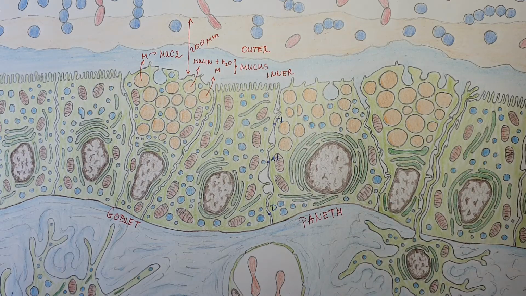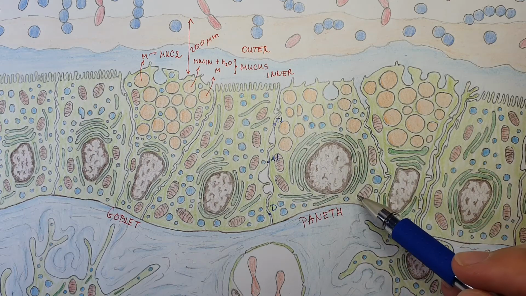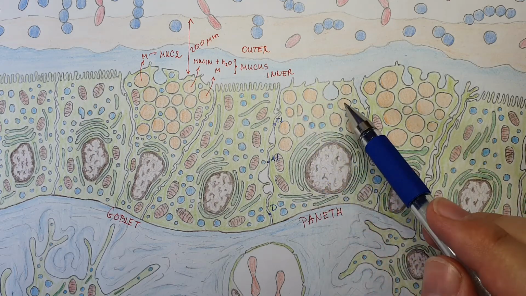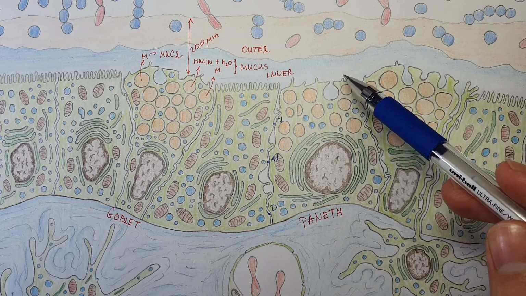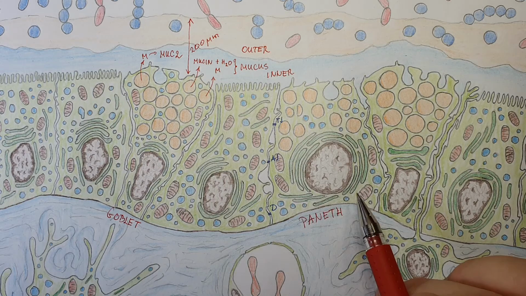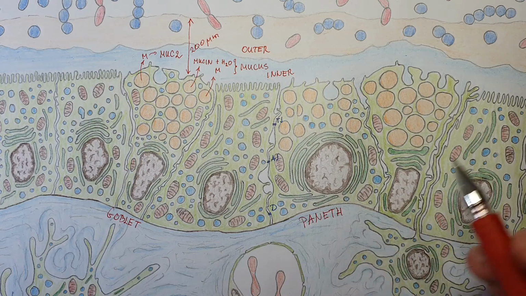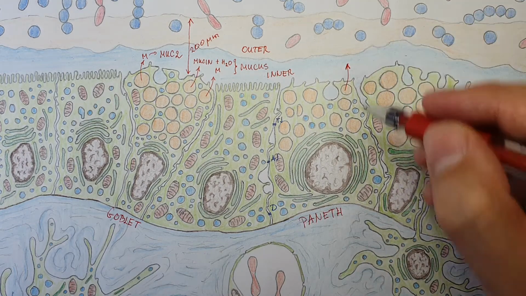The Paneth cell is also a very interesting and important cell, and it also has the nucleus and the organelles to the basal surface, and the granules are apically. This cell does not release its granules continuously, but it releases them when it comes in contact with bacterial antigens or with bacteria. And then we have the secretion of this content.